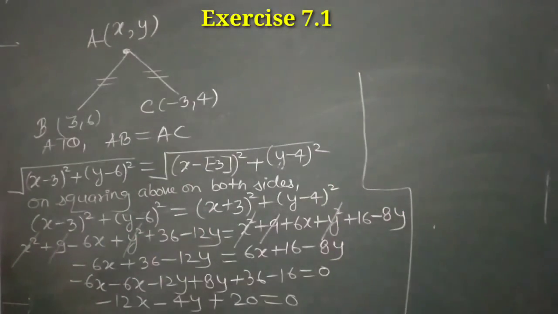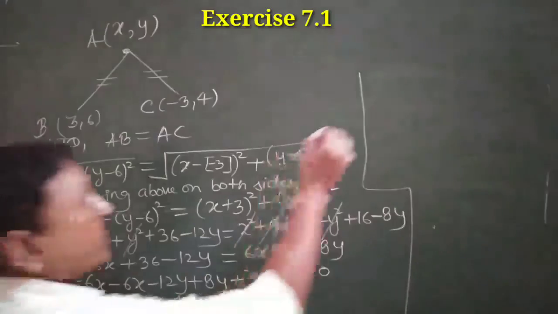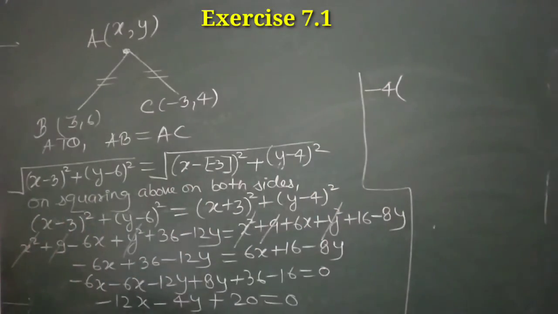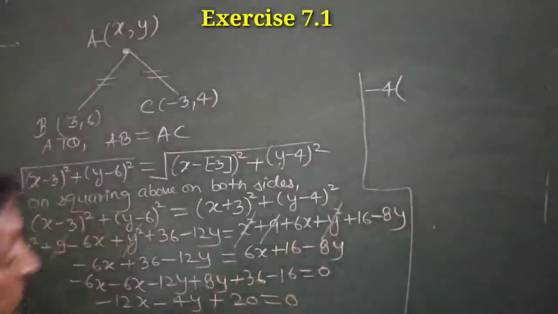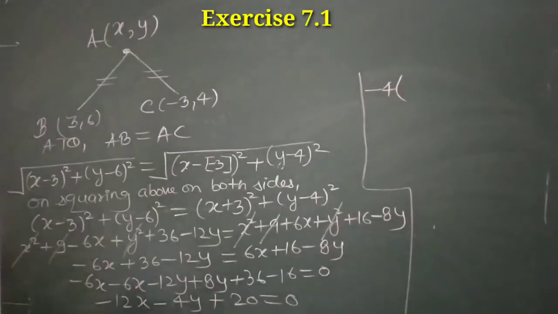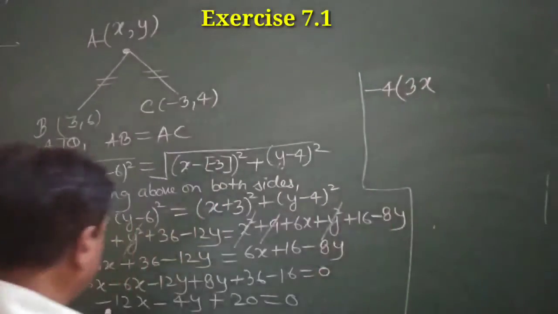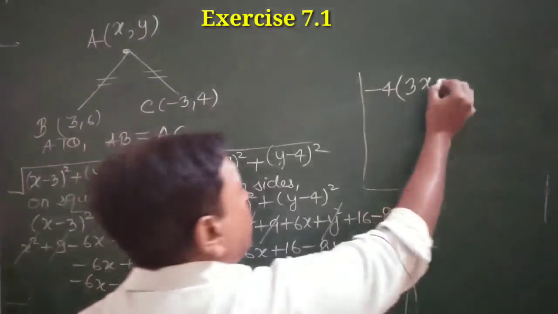Is anything coming common here? Yes, we can take 4. We can actually take minus 4, okay? Just take the common minus 4. Means all the terms will be divided by 4, and since we had taken the minus sign, the sign of the terms will be changed. 4 threes are 12x, it will become positive. This will also become positive.